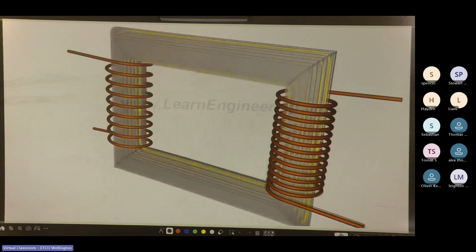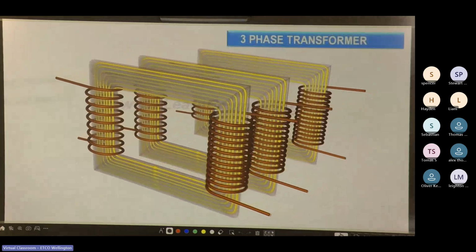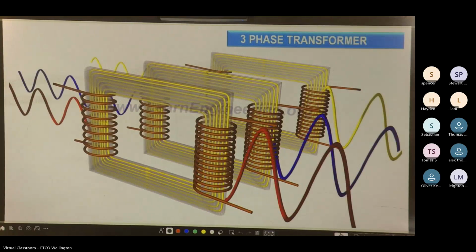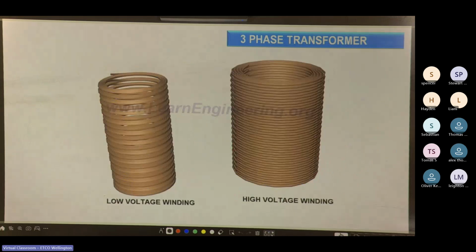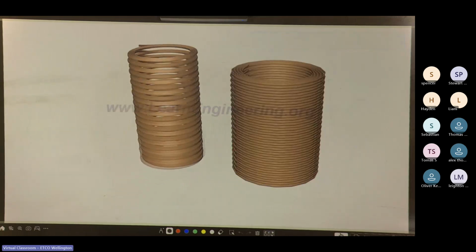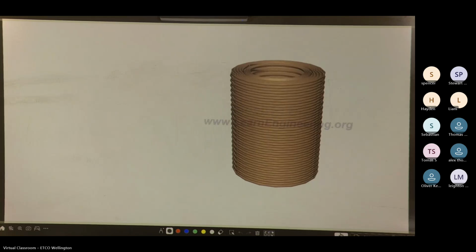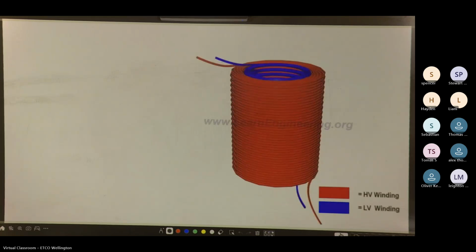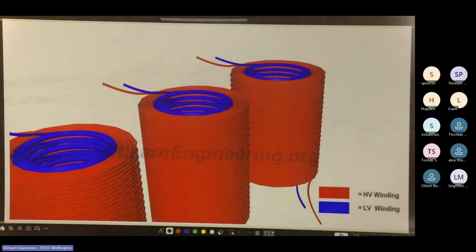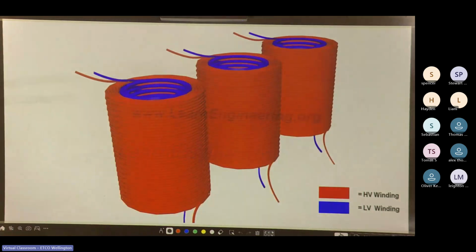Three-phase transformers use three such single-phase transformers, but with a slightly different coil configuration. Here, the primary and secondary coils sit concentrically. Two more such windings are employed in a three-phase transformer.